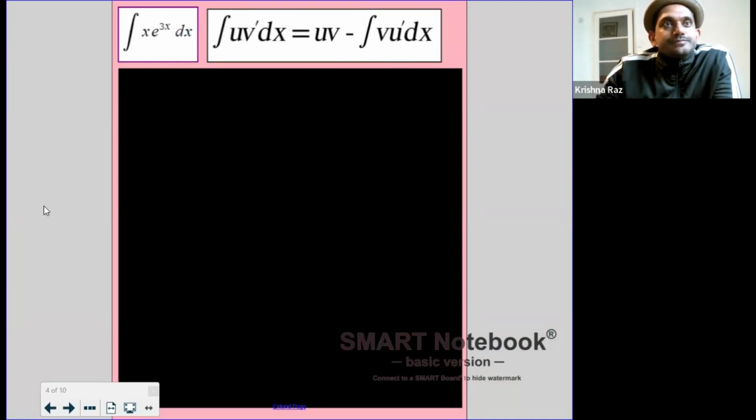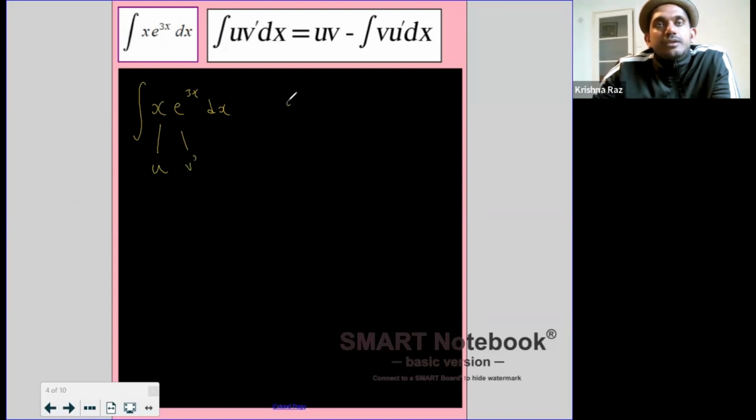If I follow priority order, x will be my u and e to the 3x will be my v dash. So if u is x, the derivative will be 1. If v dash is e to the 3x, the integral will be a third e to the 3x.